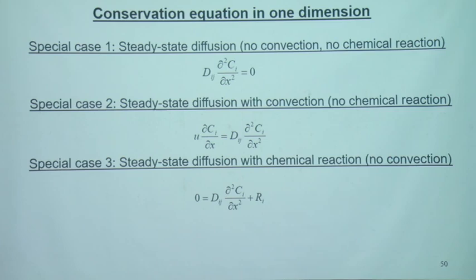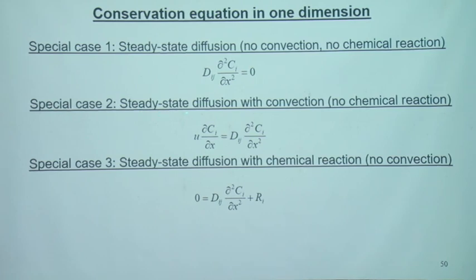For example, if the flow is one-dimensional, steady, and diffusion only, in other words there's no convection and no chemical reaction, the convection-diffusion-reaction equation is reduced to this form. I'm sure you've solved this equation as part of your coursework in basic engineering mass transfer, and you can find a linear concentration profile.